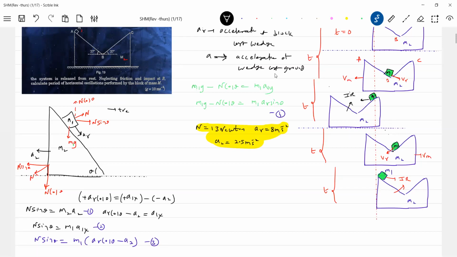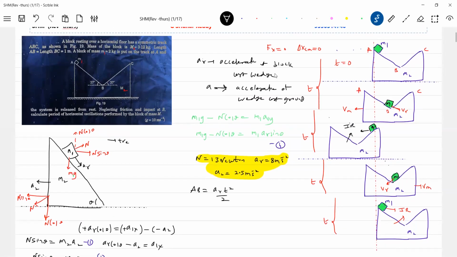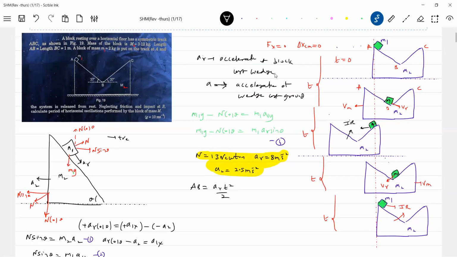So once I know AR, since it is released from rest, what is the distance covered by it? AB is equal to, what is the length AB? AB is equal to 1 meter.